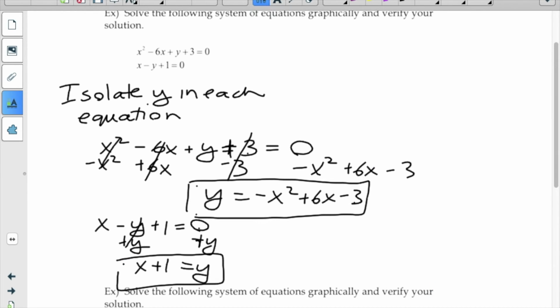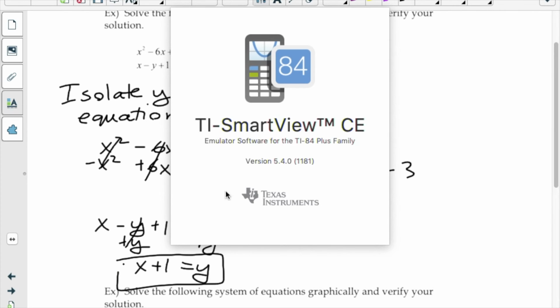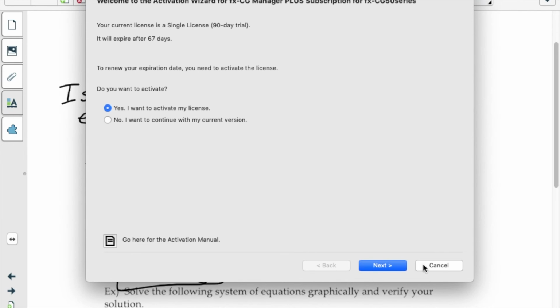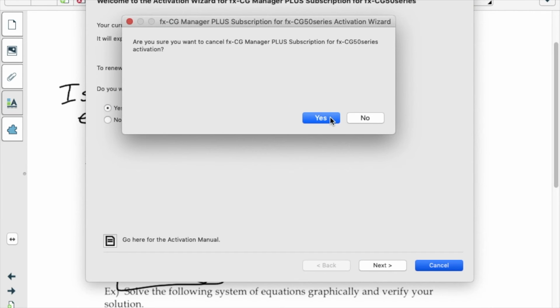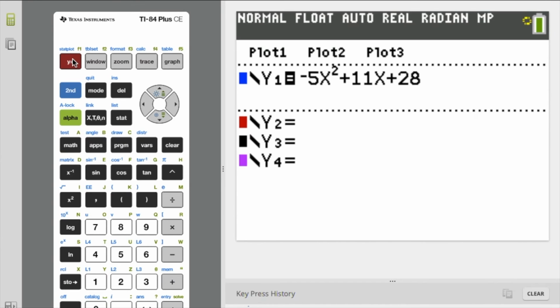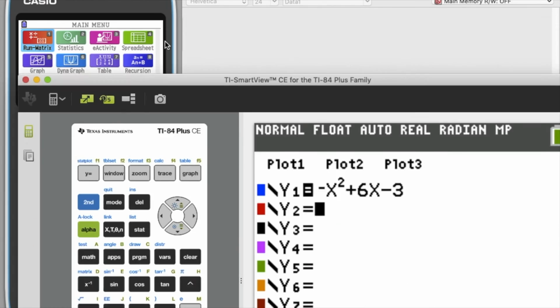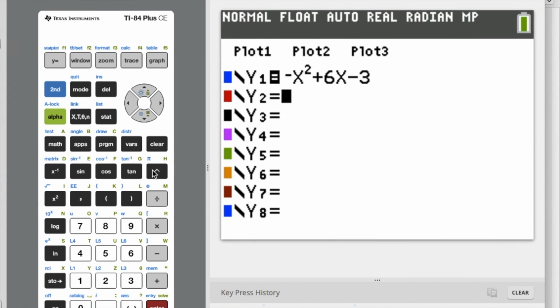let's just pull out our calculators. I'll pull out the Casio too. And we're going to enter both of those equations into y1 and y2. So we'll go to y equals, and I'll clear. The first one was negative x squared plus 6x minus 3. And the second one was x plus 1.